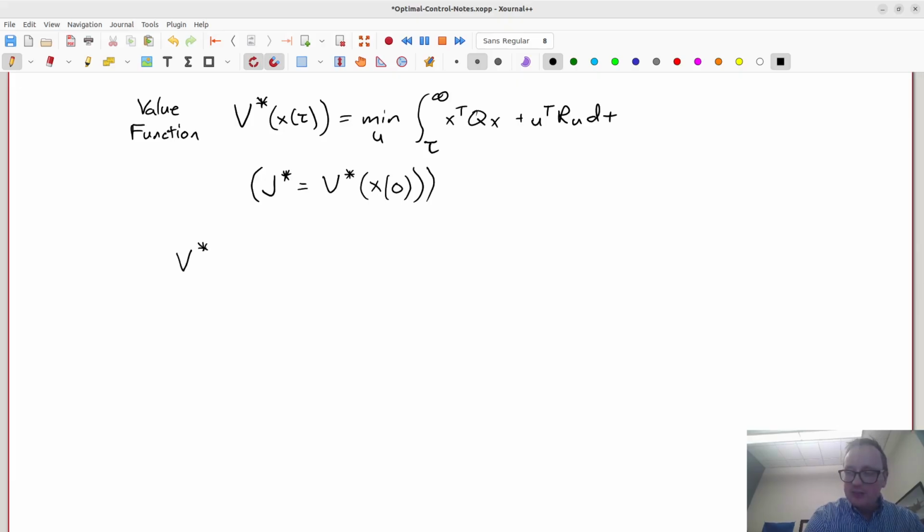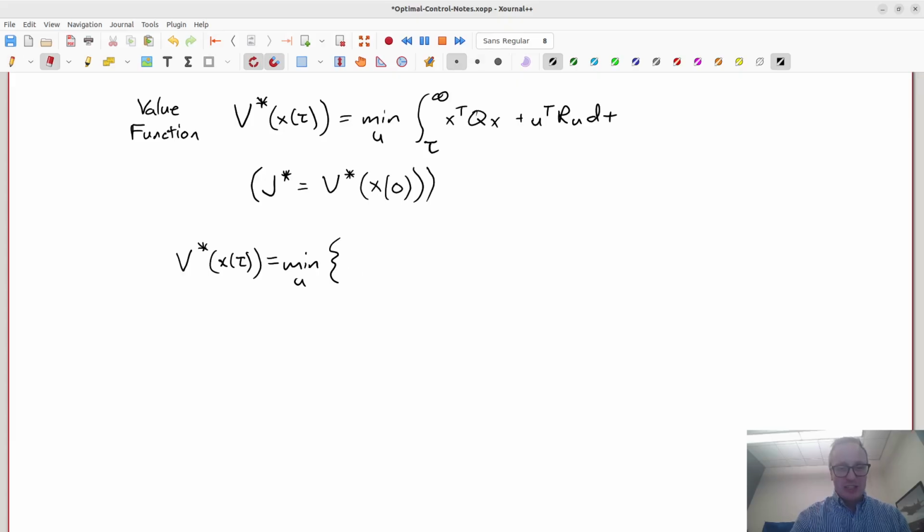V star of x of tau equals the min over u. And I'm going to divide this up into two sections. The first one is going to be just an integral over a very small amount of time.